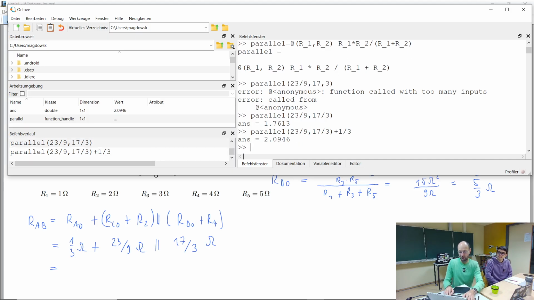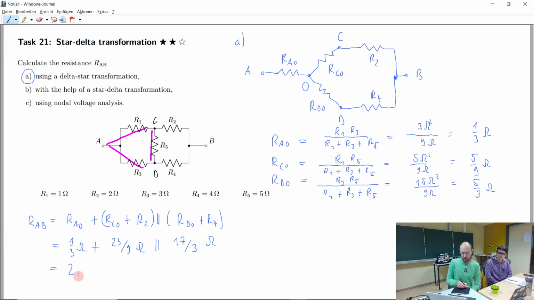And so we get 2.09 something. 2.0946 ohm. And of course you could do this in a mathematically more exact way, but okay, we are not mathematicians, we are engineers. We are totally fine with the solution that we get there.